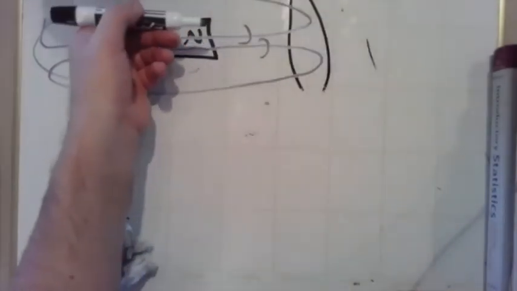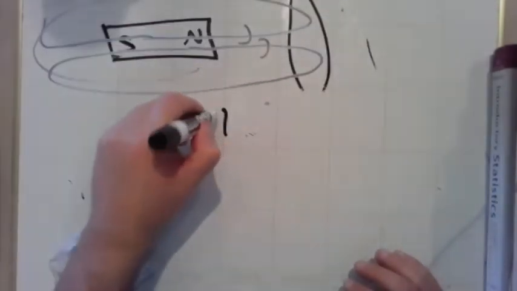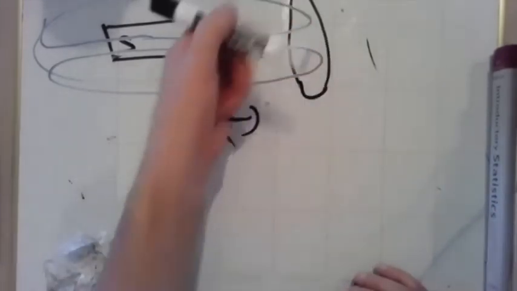Lenz's law kind of states this in a different manner. Lenz's law says the new magnet that you create tries to stop you from doing what you're doing. So here's an alternate way to think of it, one that I like a lot better. So I've got my magnet, I'm pushing toward my loop here.